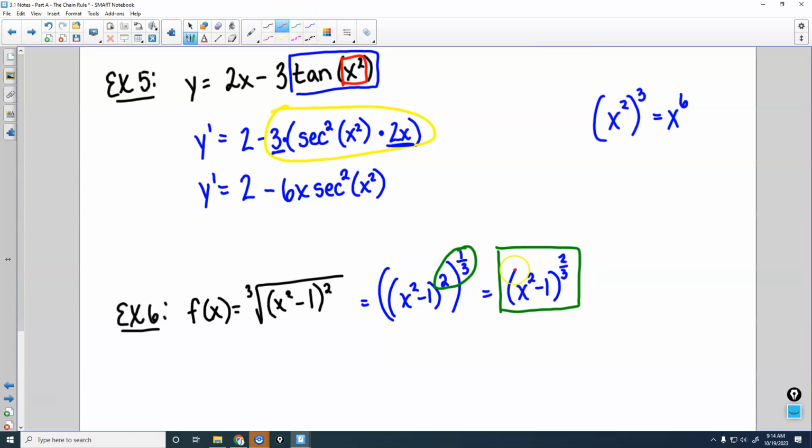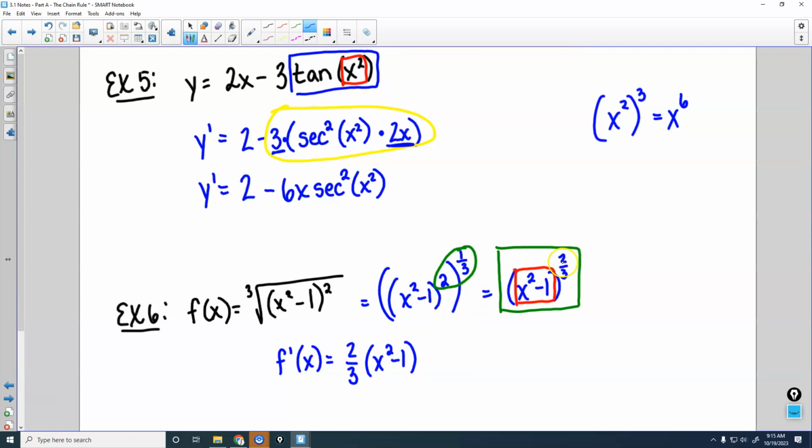Okay, so now that 2/3 power, that's our outside. The x squared minus 1, that's our inside. So when we take our derivative here, we'll multiply 2/3 on the outside. Leave the inside the same. Do not change it. Subtract 1 from 2/3.